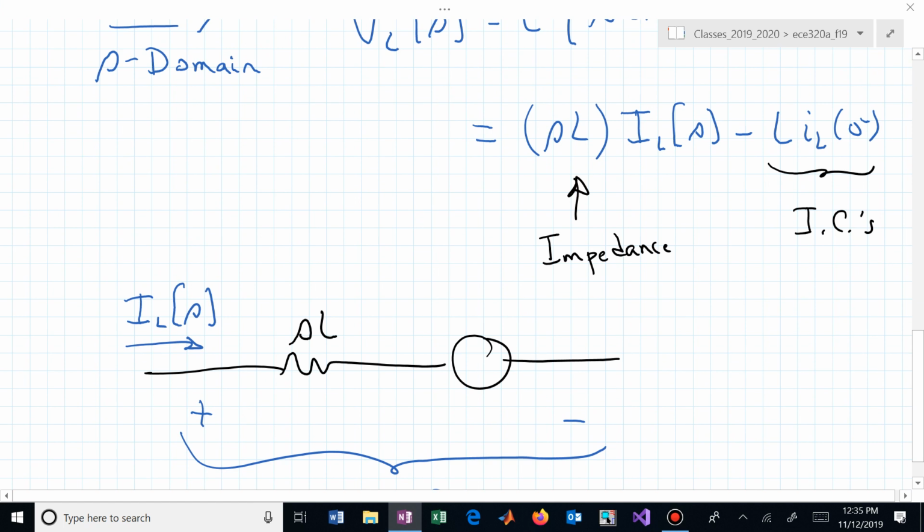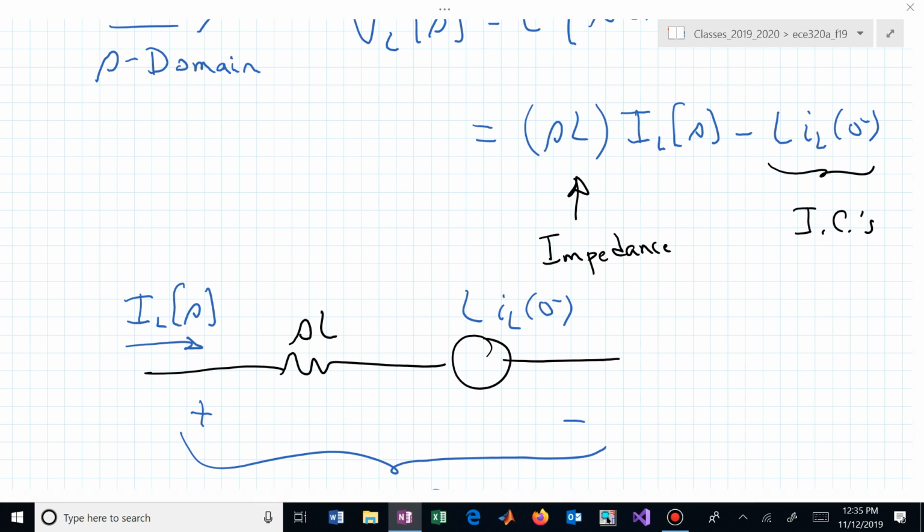And how do we put the polarity, the positive and negative signs, inside that voltage source? We know that the magnitude of this is L I sub L at 0 minus.